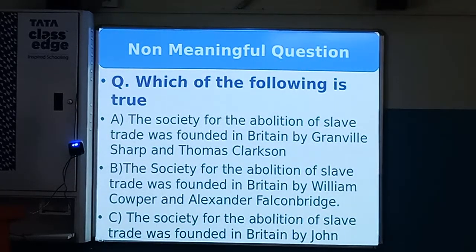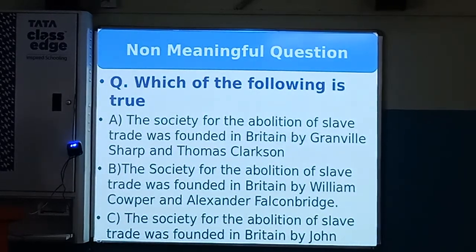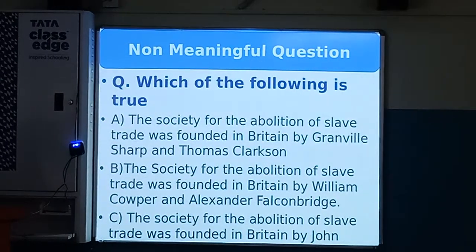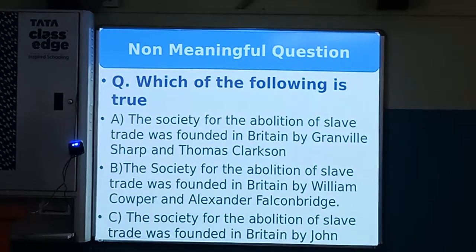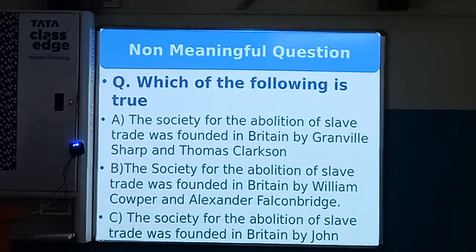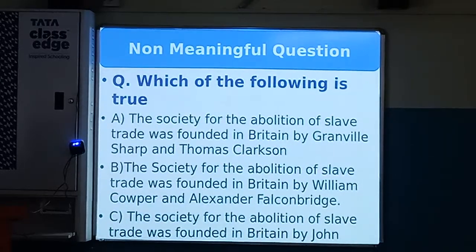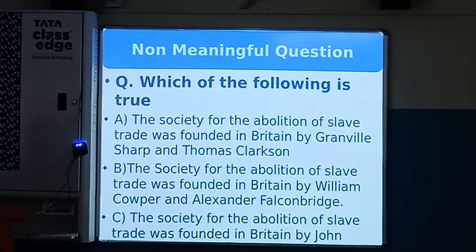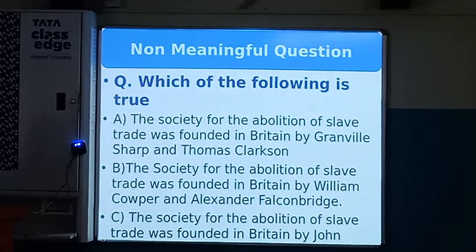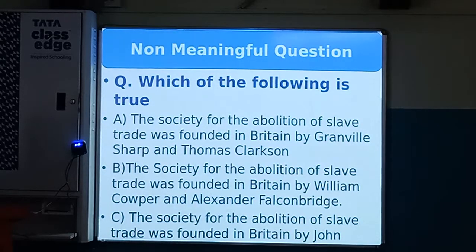B. The Society for the Abolition of Slave Trade was founded in Britain by William Cowper and Alexander Falconbridge. C. The Society for the Abolition of Slave Trade was founded in Britain by John. Can anyone identify the problem? Four options are not given, only three. It is a mix-up of subjective and objective. The same sentence is repeated again and again.